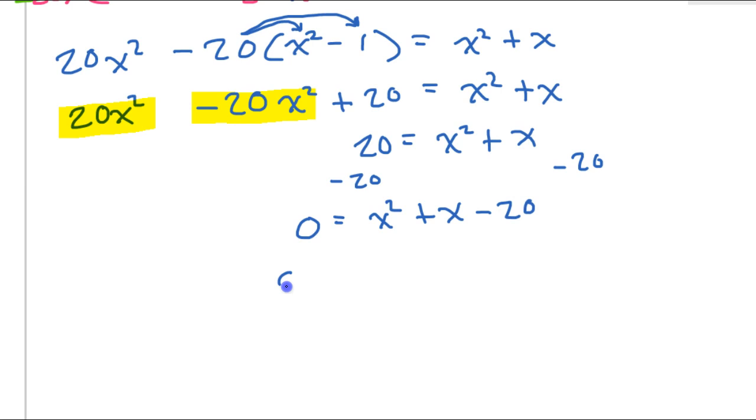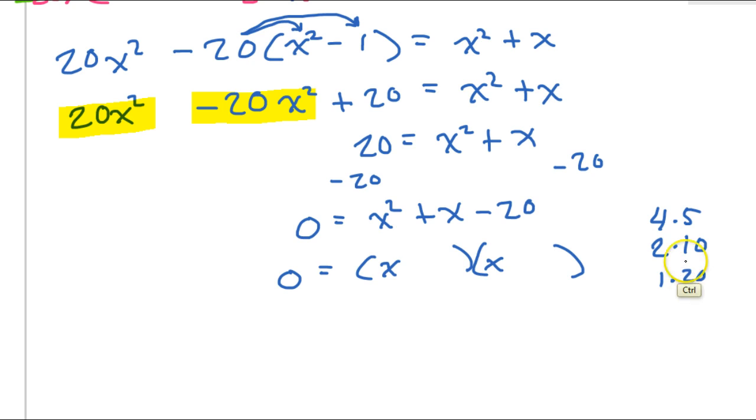All right, this is probably factorable. Okay, x squared is x times x. 20 is either 4 times 5 or 2 times 10 or 1 times 20. Considering that I need the middle to be 1x, the 4 times 5 option is looking pretty good.